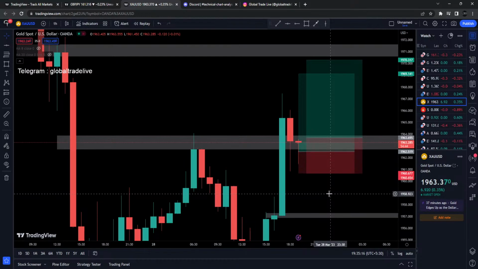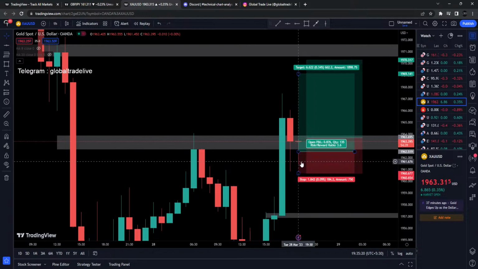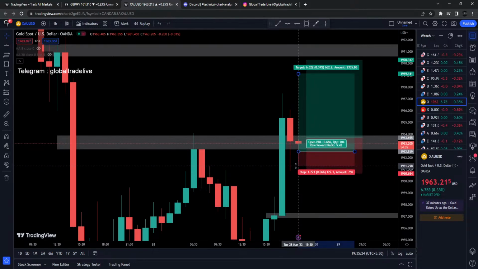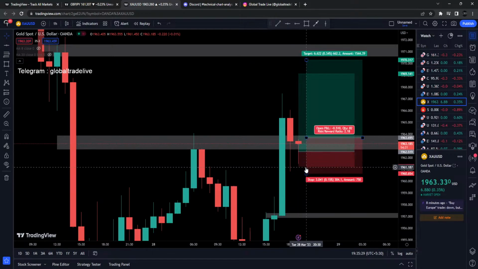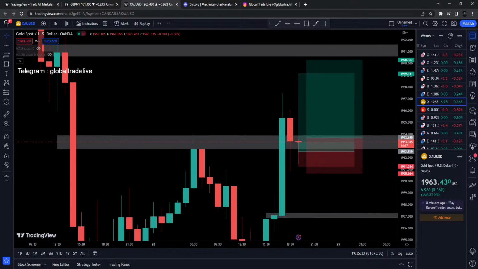Now the thing is, I'm not expecting the price to move down again, right? I'm not expecting the price to do that. So what I'm gonna do is, in the previous one, I have shifted my stops under the low of the current 1 hour candle, which is at 1961.254.